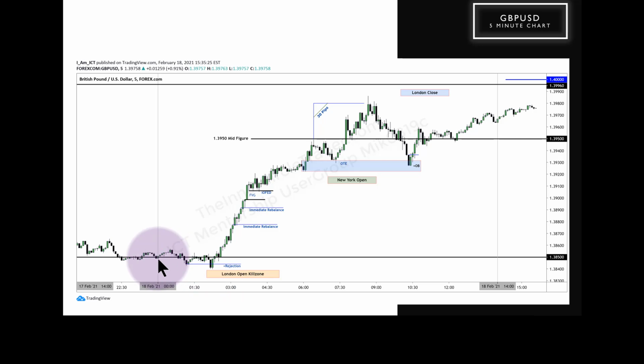Your opening price would be here also, extended out in time, but you can see there's too many lines there to draw the difference between them. This level here is the mid-figure 138.50. We talked about that yesterday. So we rallied up. Came back down into the order block here and at mid-figure level, mid-figure 138.50.